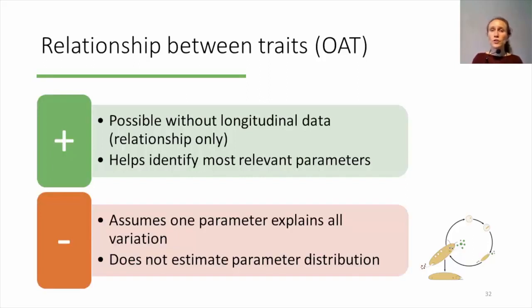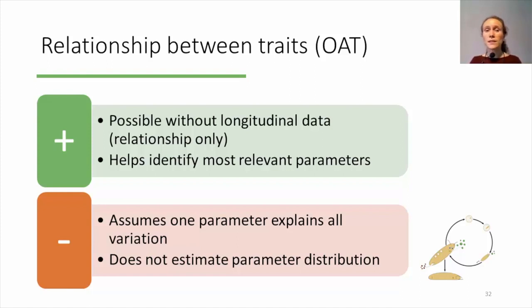So this approach is interesting because it's possible, again, without longitudinal data. You just need to know the broad relationship between the traits. Actually, you don't even need precise individual data. And it helps identify the most relevant parameters. So it's another way, and it could actually confirm information obtained by other methods.